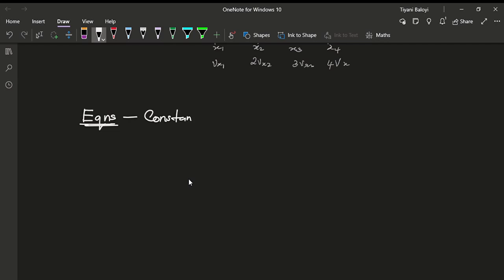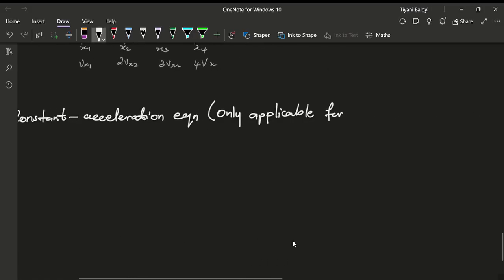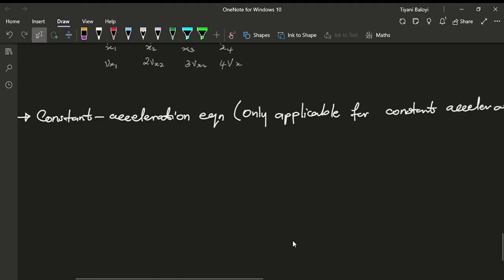If your acceleration is changing, the equations of motion do not apply. They are only applicable for constant acceleration.